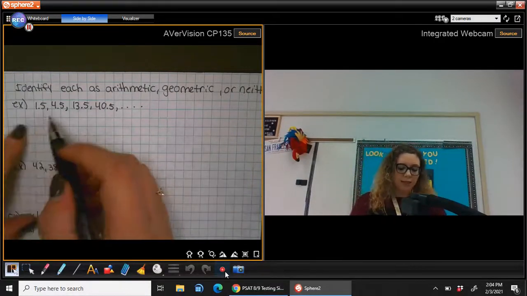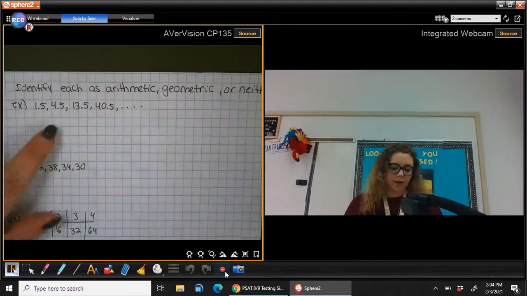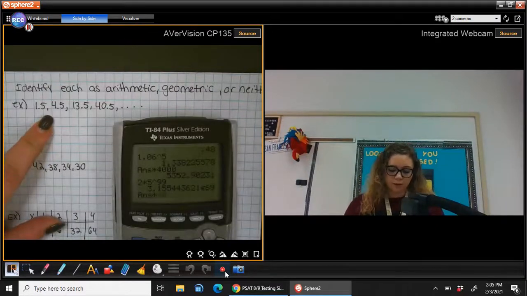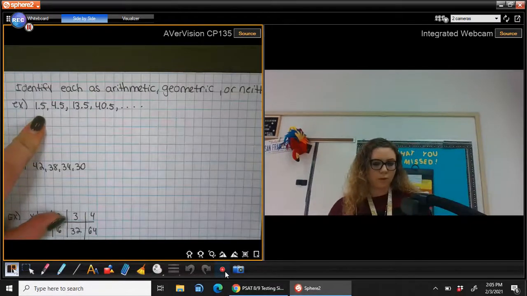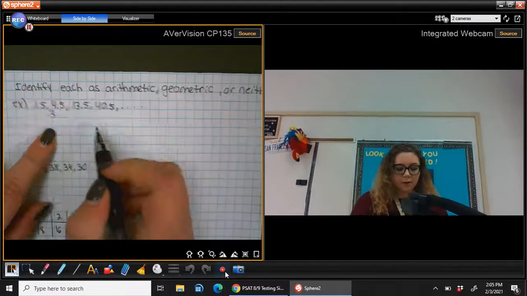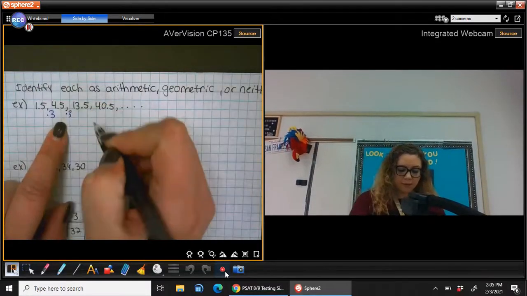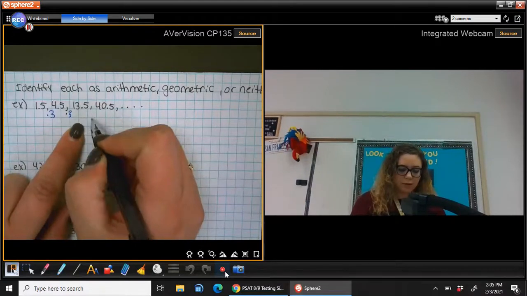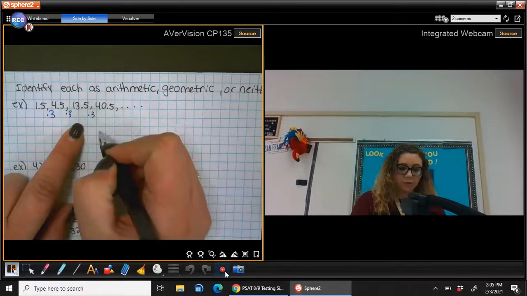I can easily do, to find if this is true, 4.5 divided by 1.5 gives me 3. So 1.5 times 3 is going to give me 4.5. So what's 4.5 times 3? 13.5. That's true. 13.5 times 3 is 40.5.